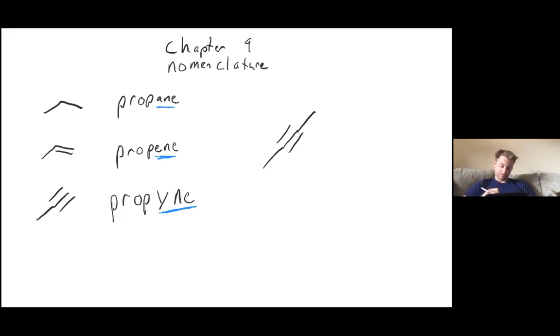Really what this would be is CH3, carbon, triple bond, carbon, CH3 here. So just getting used to the fact that this is a linear chain. It's never going to be this. That's an improper way to draw one of these because it is 180 degrees away from the other center.